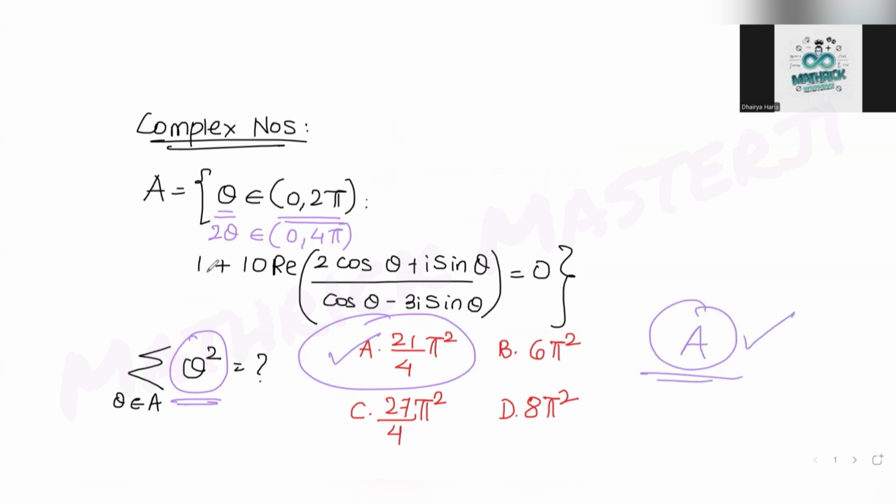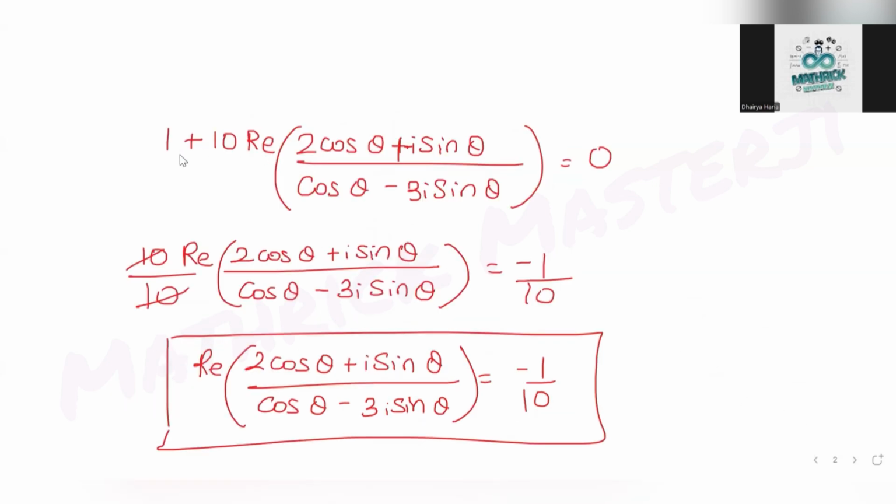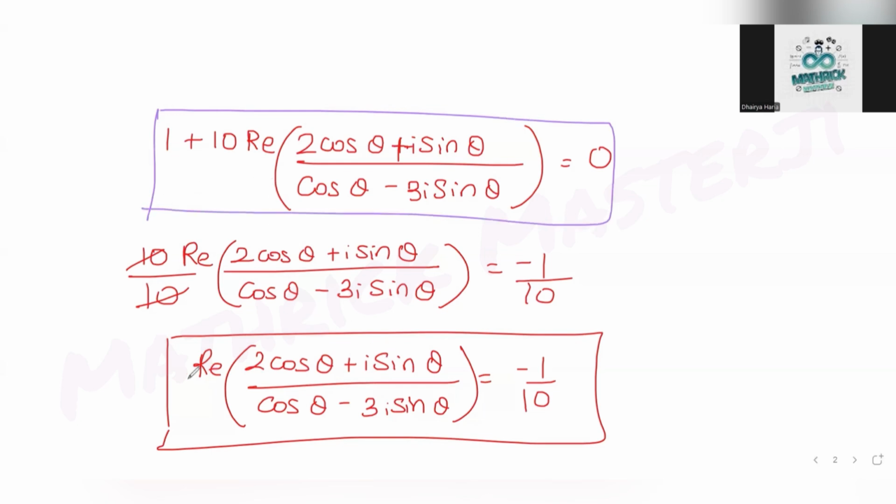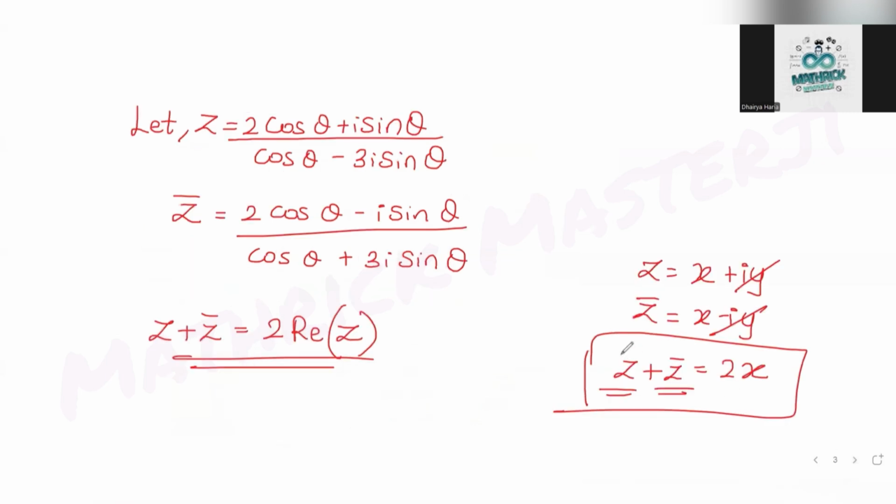I hope you have understood how to solve this type of question, which deals with the concepts of complex numbers. What we did here was solve the given expression and got the real part of the complex number as minus 1 over 10. Then I used the concept that if I add a complex number and its conjugate, it gives me 2 times the real part of that complex number.